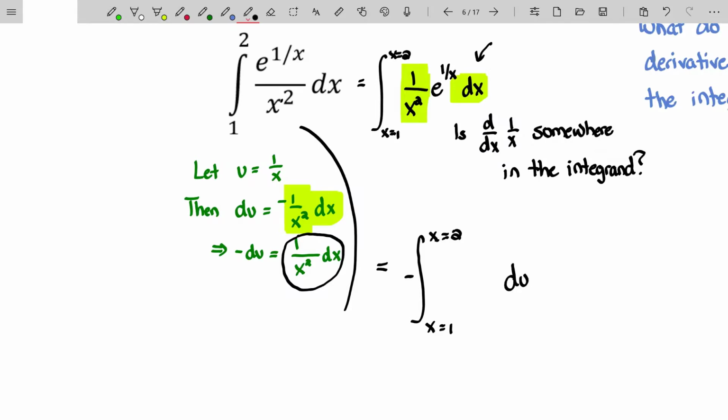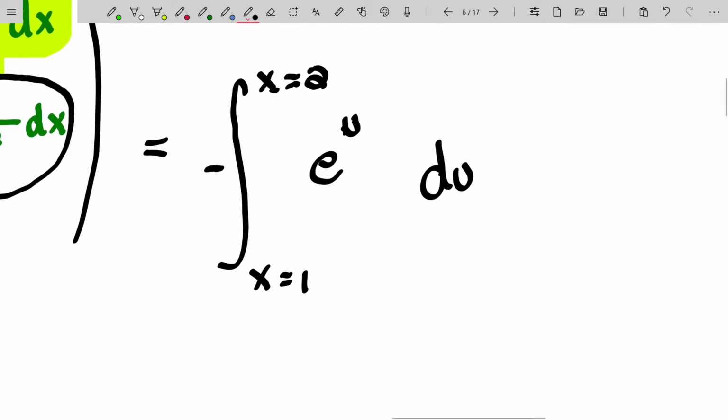Notice I put the negative out front just because I don't want it in my way. The rest of the stuff that I didn't highlight, e to the 1 over x, is e to the u. So this is the complete substitution, except that we need to substitute out the limits of integration as well.